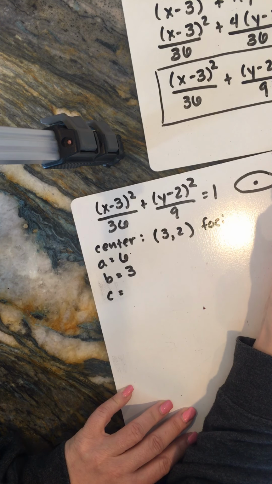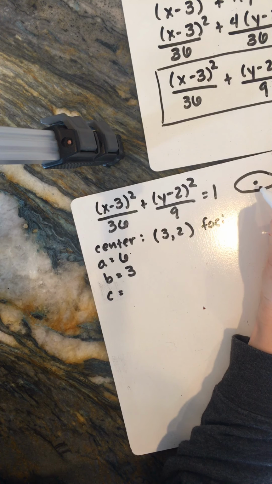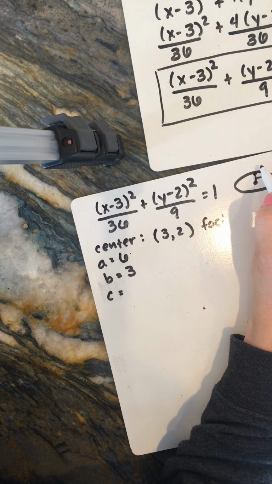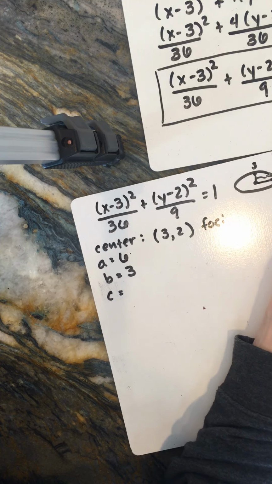I'm sorry. Yes. 6 units. Just kidding. 6 units from there to there. From the center up to the co-vertex is 3 units. There's 6 there. So we need to go to the focus now.